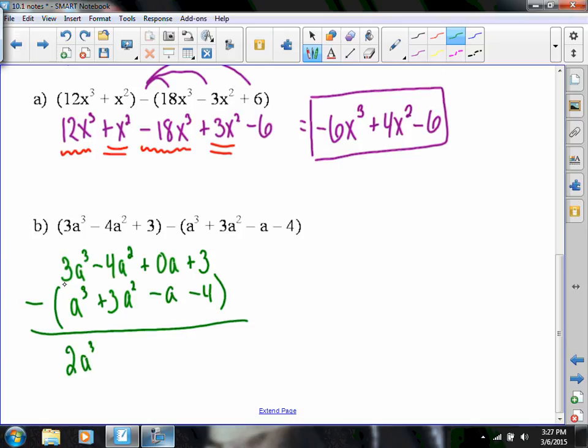Negative 4 minus 3 is going to be negative 7a squared. I didn't have any a's in my first polynomial, but I'm subtracting a negative a, which means I'm adding a positive a. And then 3 minus a negative 4 is like plus 4, so that's a plus 7.